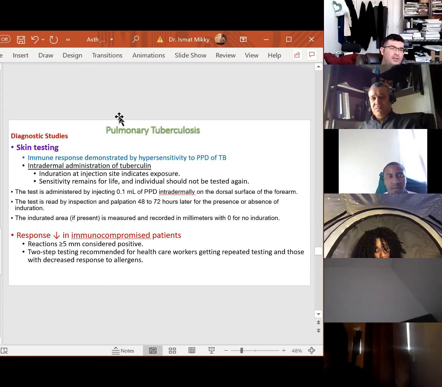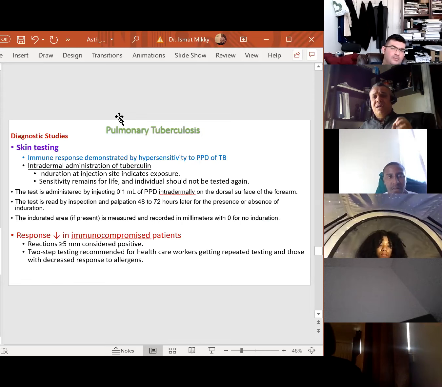So once you get the TB, it stays with you for life. There's no getting rid of it. They'll be treated for the activity of the disease, but it becomes like vesicles in the lungs, and these are nodules in the lungs that stay permanent. But it's not a virus. It's just necrotic tissue that is there, and it's dormant.